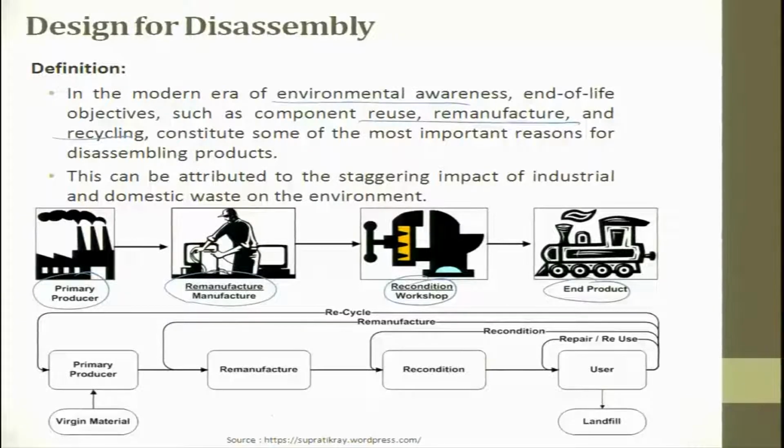The user starts using it, and if there is a problem, he repairs. If the user gives it back, it can be reconditioned and used. If the user gives it back, it can be remanufactured and come back. If the user gives it back, it is recycled and can come to the primary producer. Here you will also have virgin material. Finally, if nothing can be recovered, it goes to landfill. So, this is what we try to say.